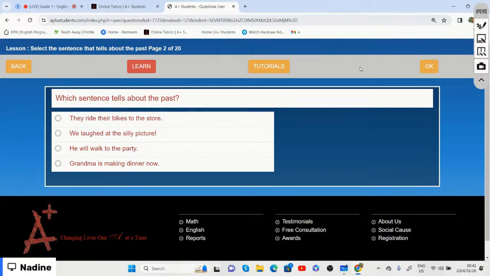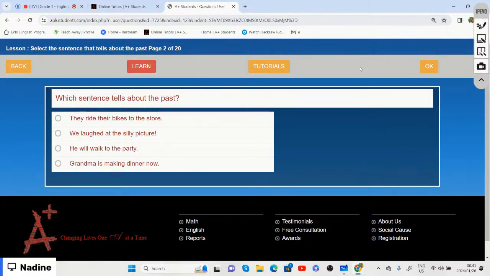They ride their bikes to the store. We need to find a sentence that's in the past, that happened already.